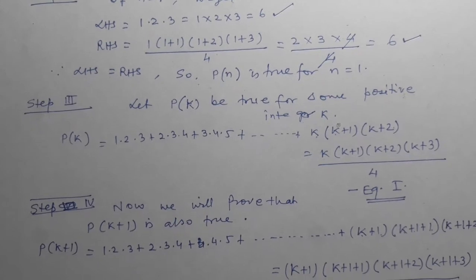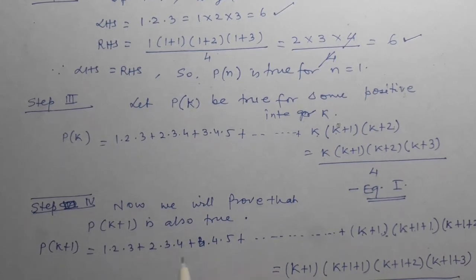Now we see that this is k plus 1. In the previous terms, this 1 is 1 less than 2, this 2 is 1 less than 3, so this will also be less by 1.